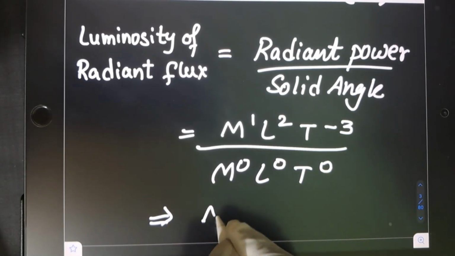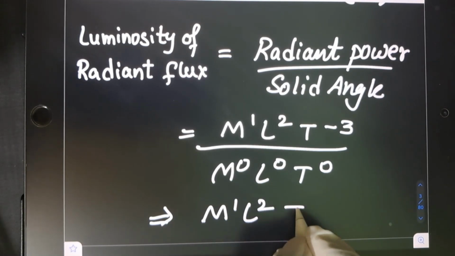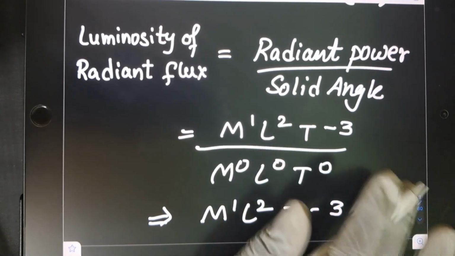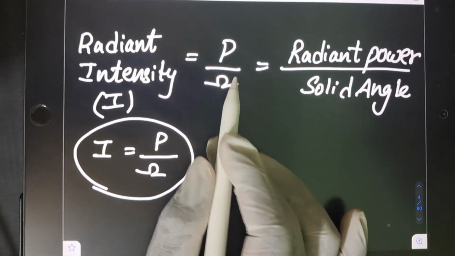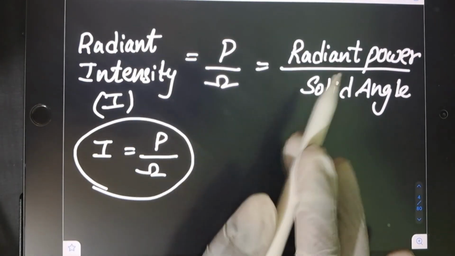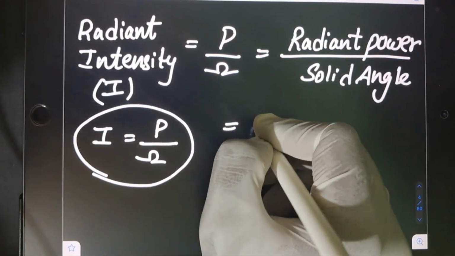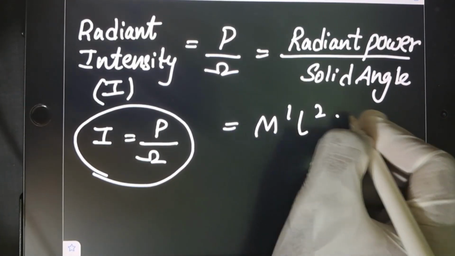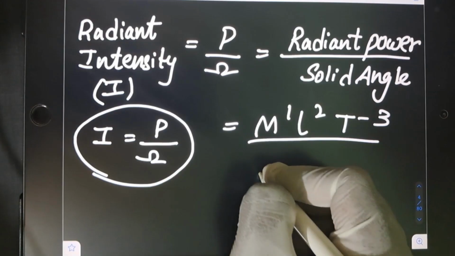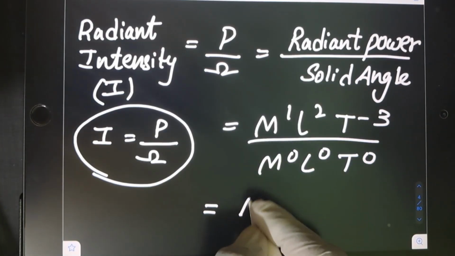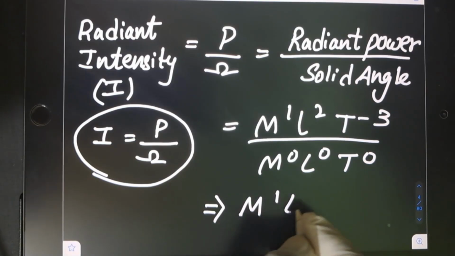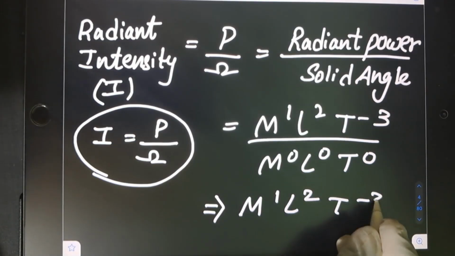So the dimensional formula is M¹ L² T⁻³. We can also derive it from radiant intensity: I is equal to P by omega, radiant power by solid angle. M¹ L² T⁻³ by M⁰ L⁰ T⁰. The answer is M¹ L² T⁻³.